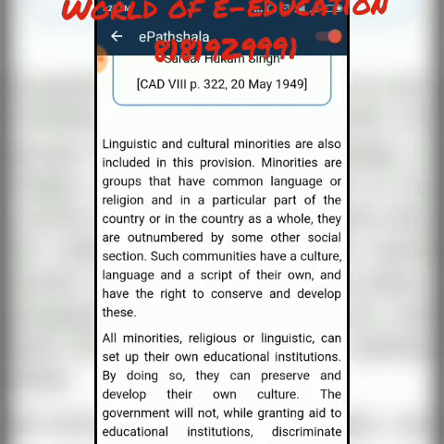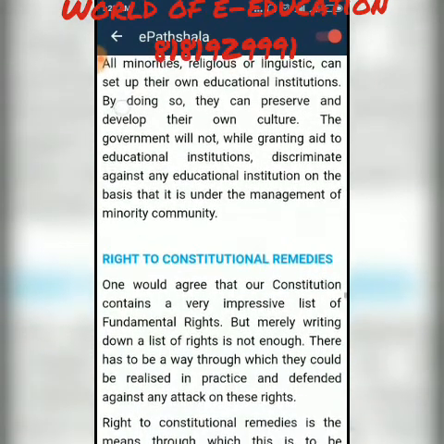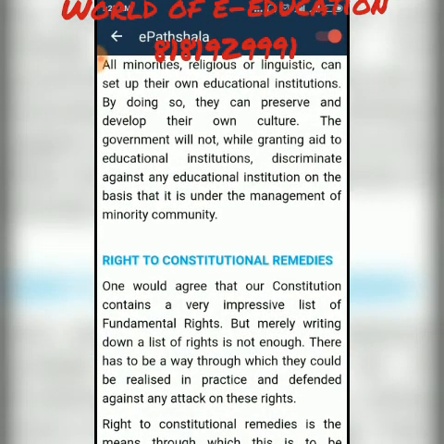All minorities, religious or linguistic, can set up their own educational institutions. By doing so, they can preserve and develop their own culture. The government will not, while granting aid to educational institutions, discriminate against any educational institution on the basis that it is under the management of minority community.